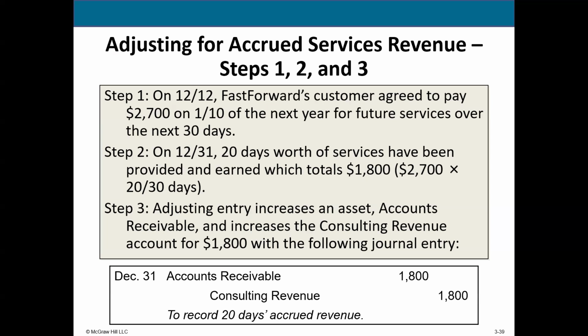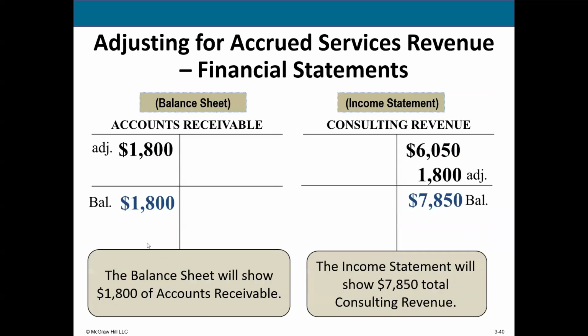Now for the remaining balance, I'm going to recognize that as revenue in the month of January for the remaining 10 days. Your balance sheet is going to show $1,800 in accounts receivable, and your income statement for the month of December is going to show the revenue that we've earned in the month of December, including the adjustment.